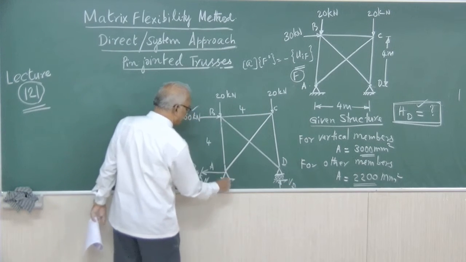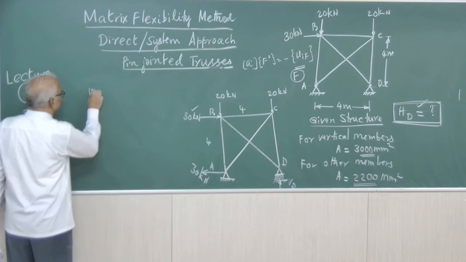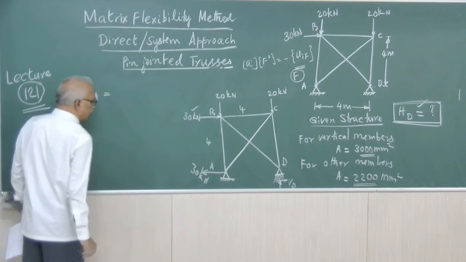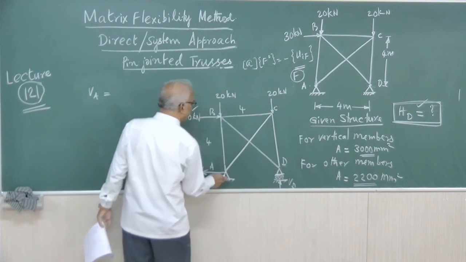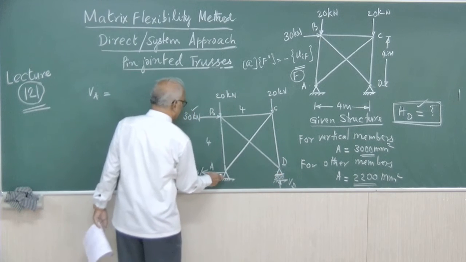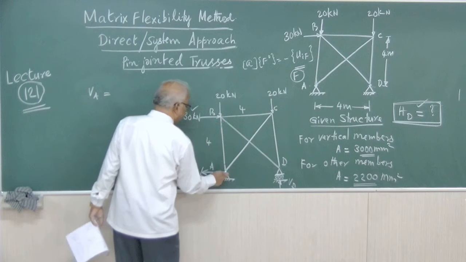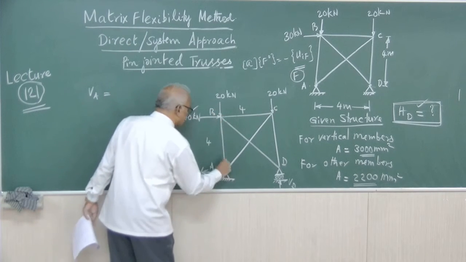Taking moment about A will give VA equal to, on solving, VA into 4 meters minus 20 into 4 meters, then plus 30 into 4 meters. This will not cause any moment.